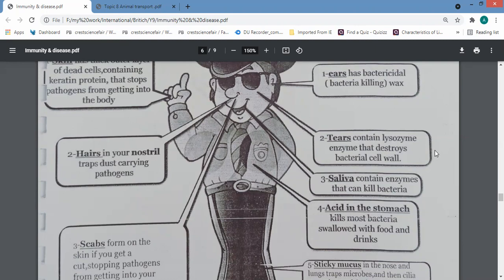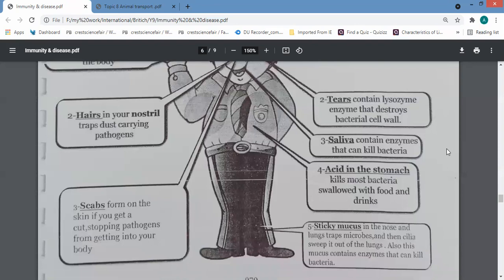So we talked about ears, eyes, and mouth. The fourth organ is the stomach. We know that the stomach secretes concentrated HCl acid and protease enzyme, the gastric juice.